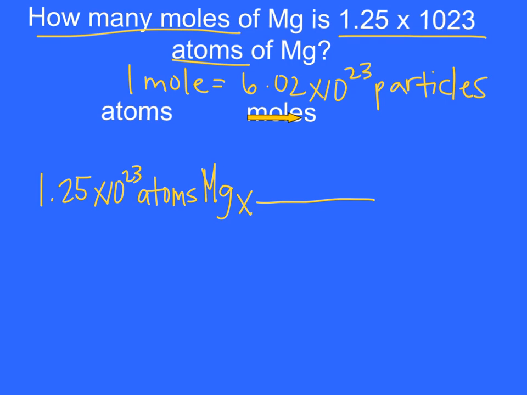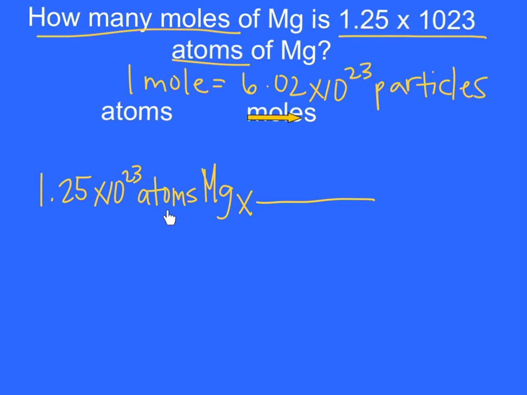Then we're going to decide what number goes on top and what numbers go on the bottom. We have to decide whether the 1 mole will go on the top or on the bottom, or if the particle number will go on the bottom or on top, okay? That's what we're trying to figure out. You basically want to set it up so that your units cancel out, all right? Notice that Avogadro's number represents any type of particle. We're starting off with atoms of magnesium.